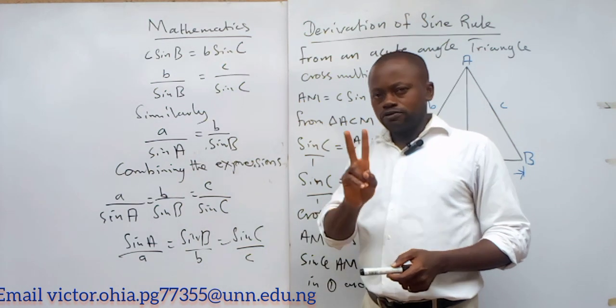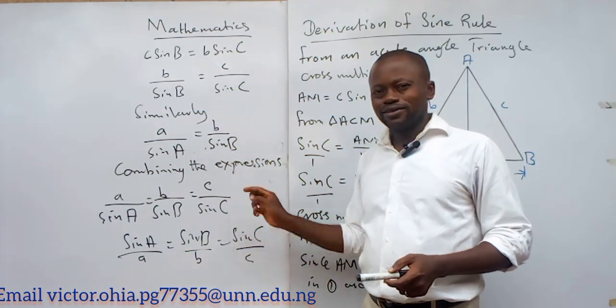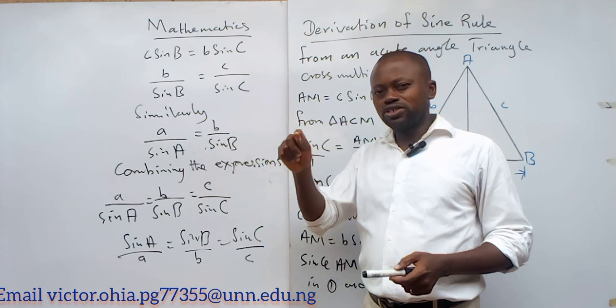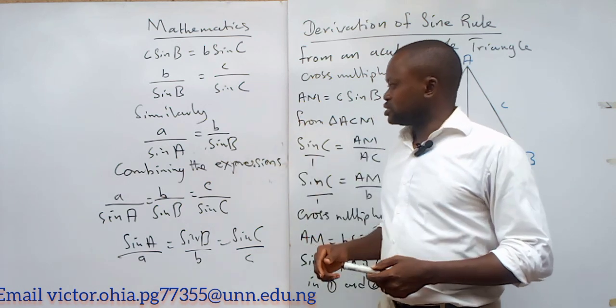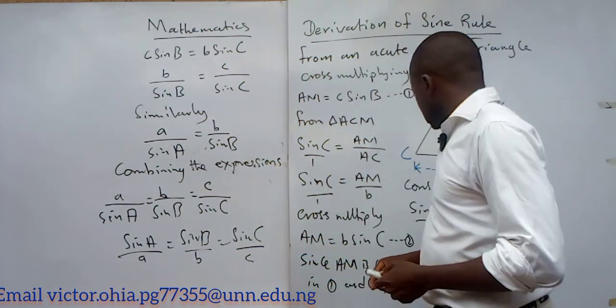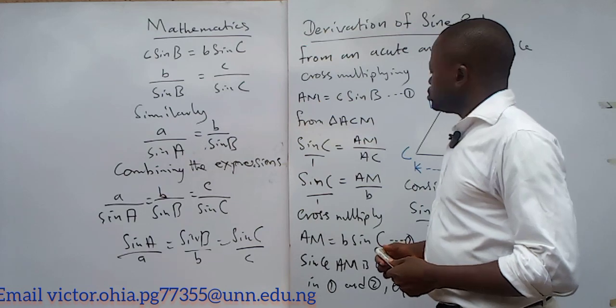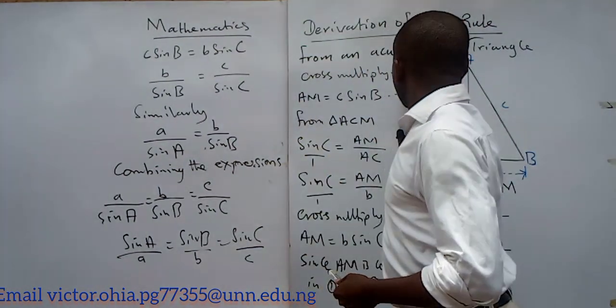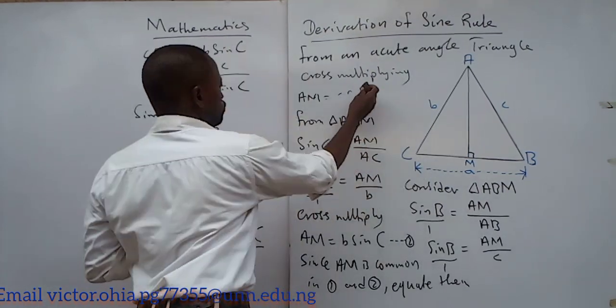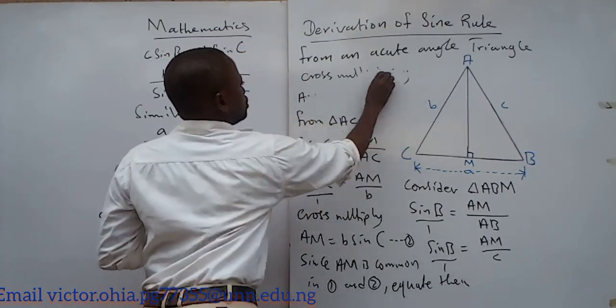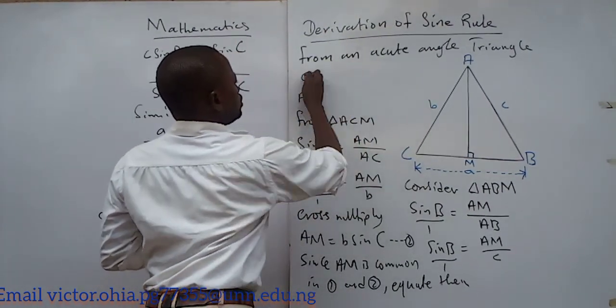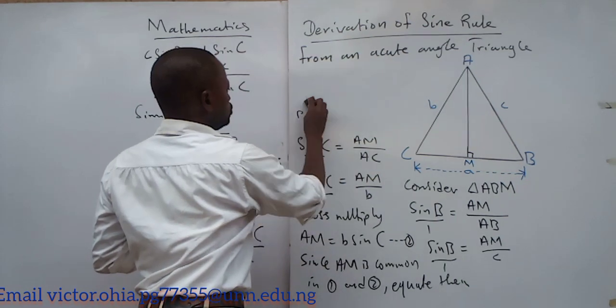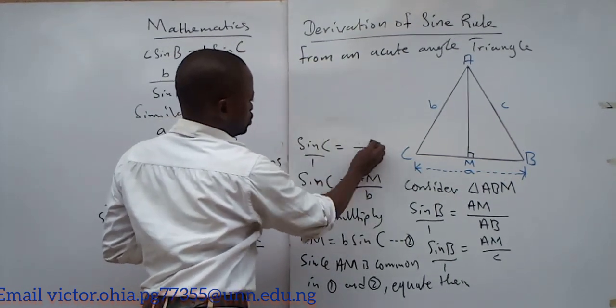So when you have two sides and one angle opposite the sides, how can I show you this now? If you have something like this, let's assume, I'm sure you're taking note of this once I am cleaning.